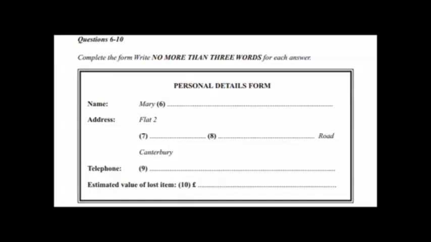Right. If you'll just give me some personal details. Yes, what name is it? I'm Mary Prescott. Can you spell that? Yes, it's Prescott. And your address? Flat 2, 41 Fountain Road, Canterbury.